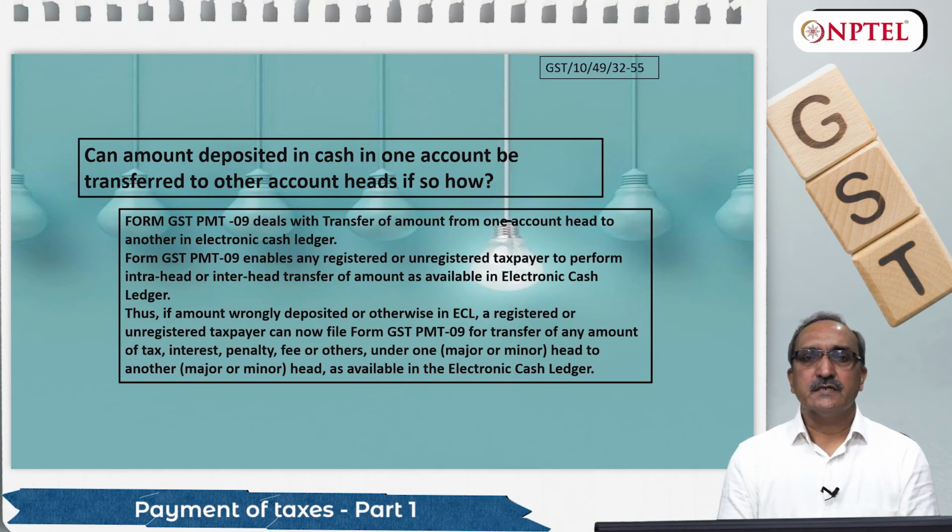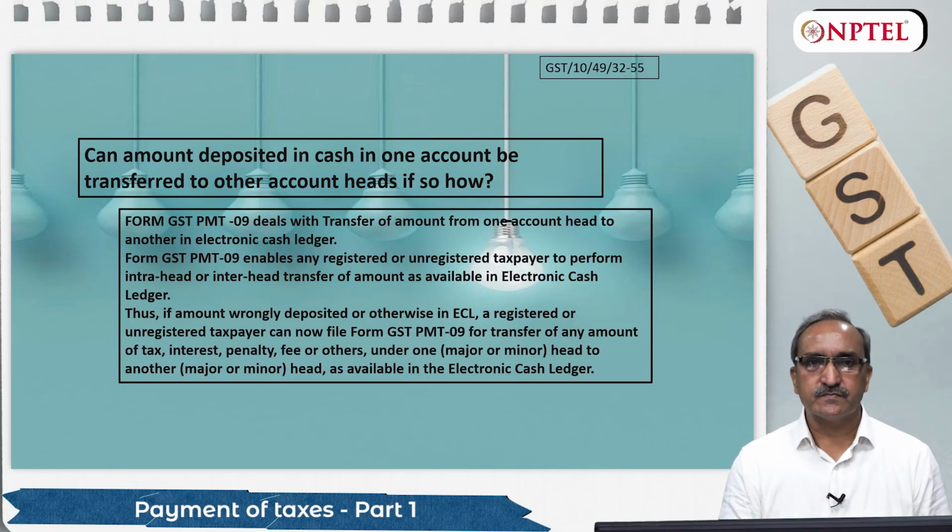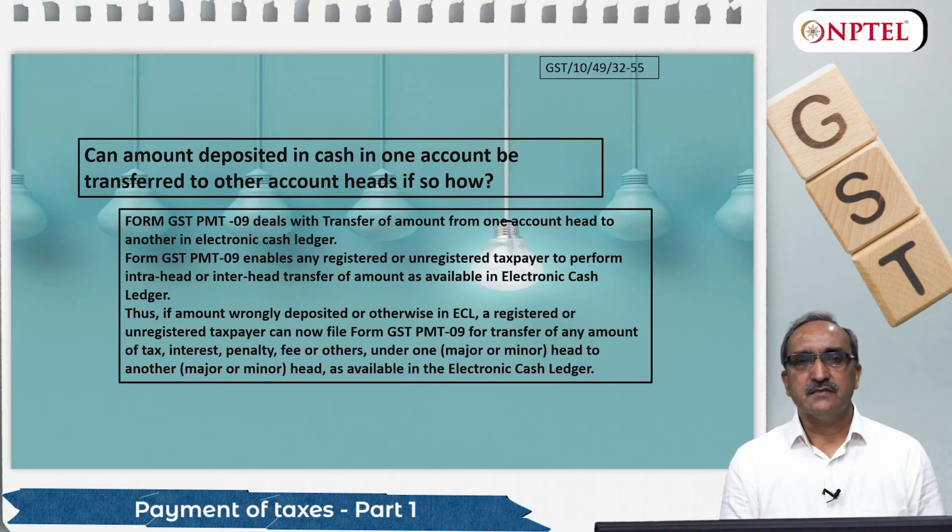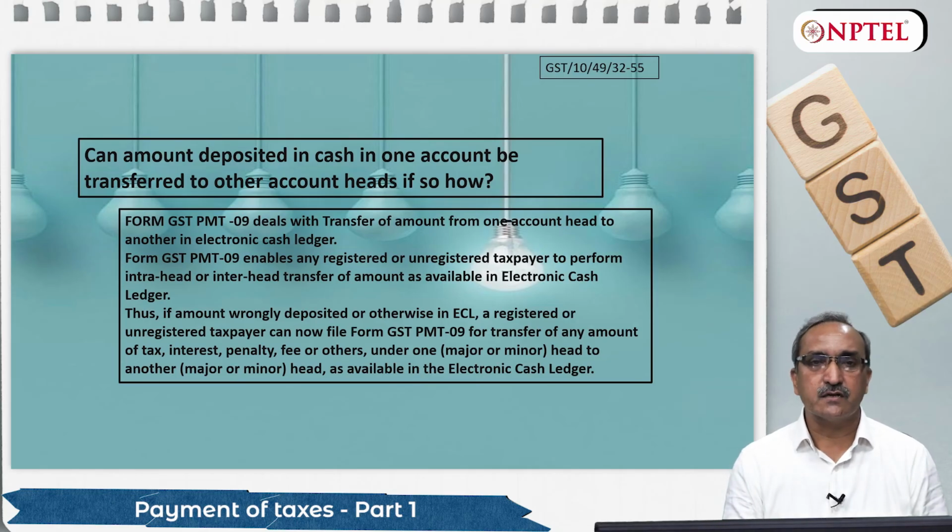So friends, in my previous slides, I mentioned that if a person is operating in 6-7 states, he has 6-7 GST numbers state-wise. Similarly, he has a state-wise electronic credit ledger, state-wise electronic cash ledger, state-wise electronic liability ledger. So for each state business, he will have such ledgers at the GST portal.